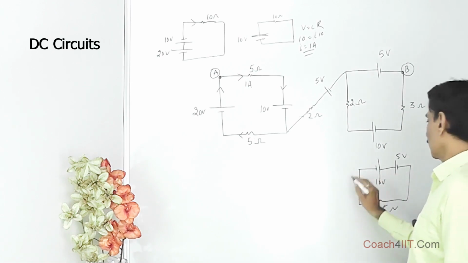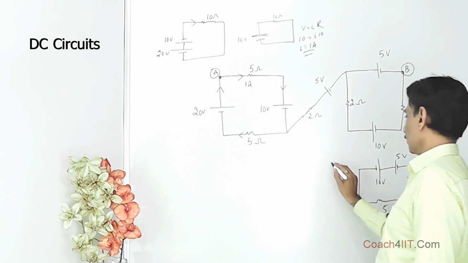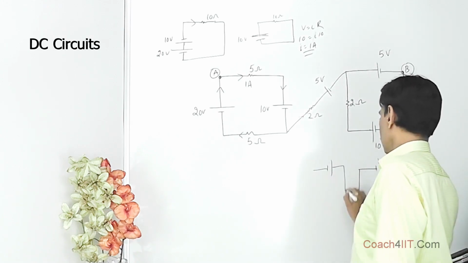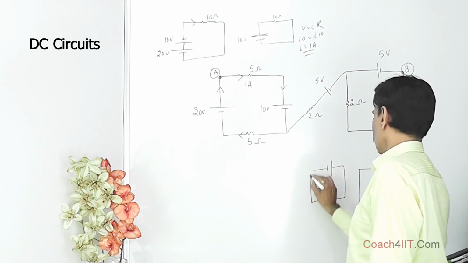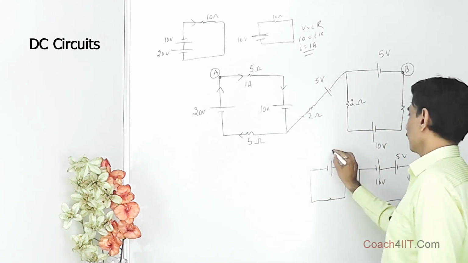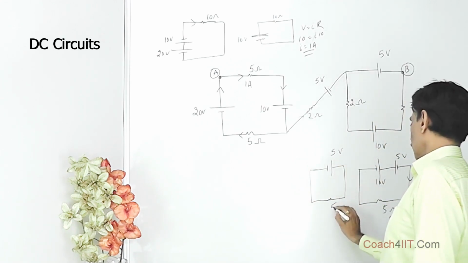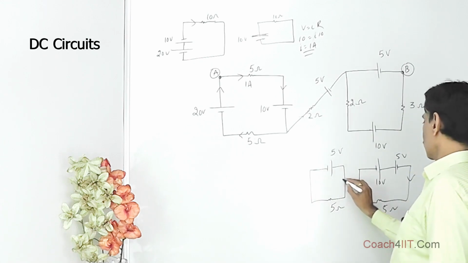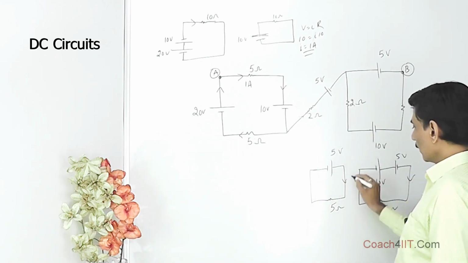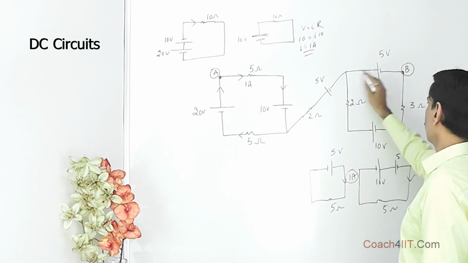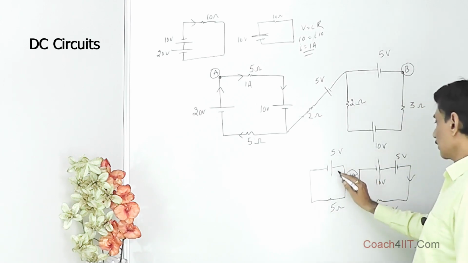As a result, the current will flow in this direction, and the equivalent battery is 10 minus 5, that is 5 volt. This is 5 ohm equivalent resistance. So V is equal to IR, current of 1 ampere will also flow in this loop. In which direction? In this direction.